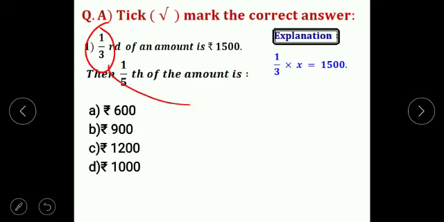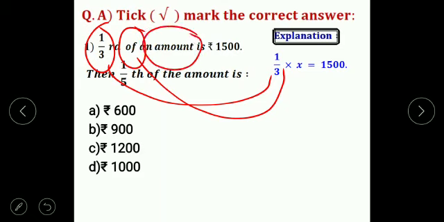But we know that here "of" means multiplication, so we put the multiplication sign in the middle. In this example, the amount is not given, so we have to consider the amount as x. Now "is" means we have to put an equal to sign.